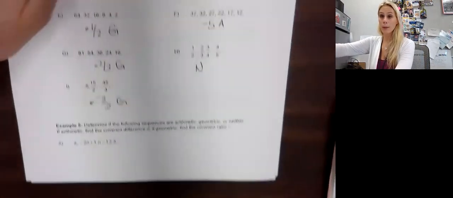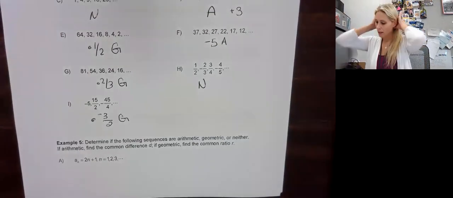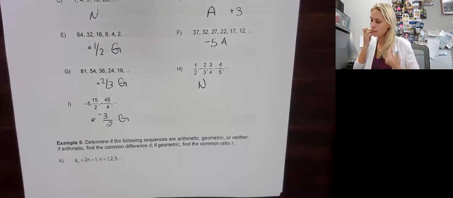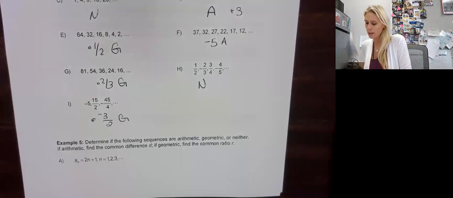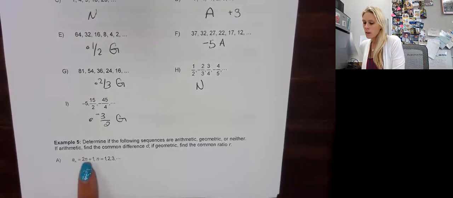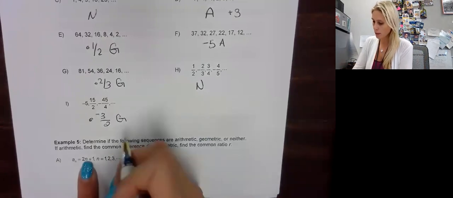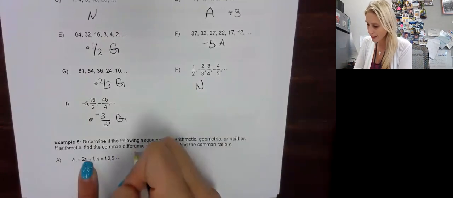Hopefully that sounded familiar. All right, example 5. Determine if the following sequences are arithmetic, geometric, or neither. If arithmetic, find the common difference. If geometric, find the common ratio. Okay, so first of all, if we were to look at this pattern by plugging in, right? And plug in 1, we get 3.